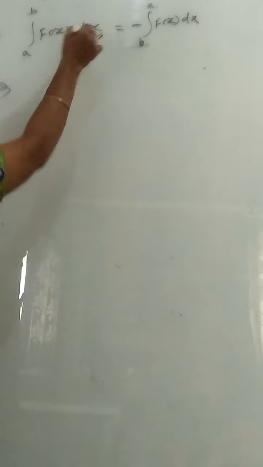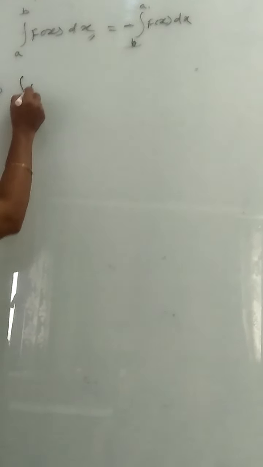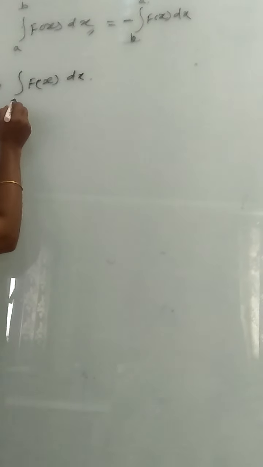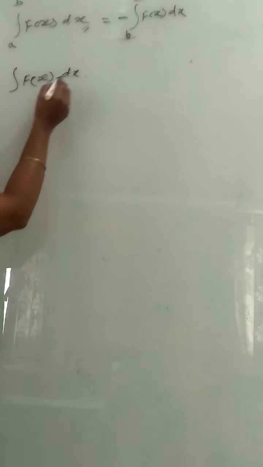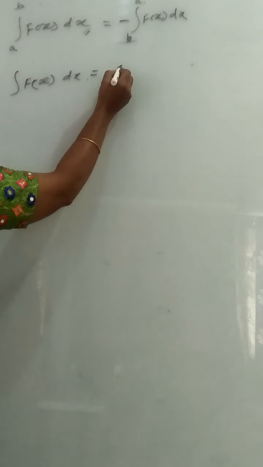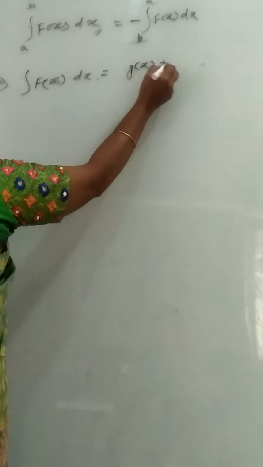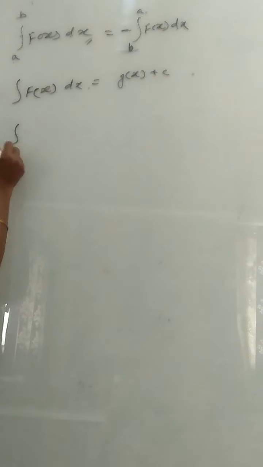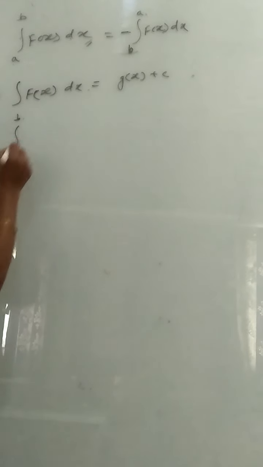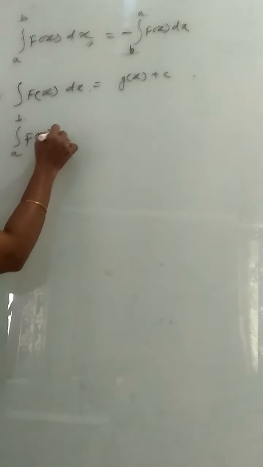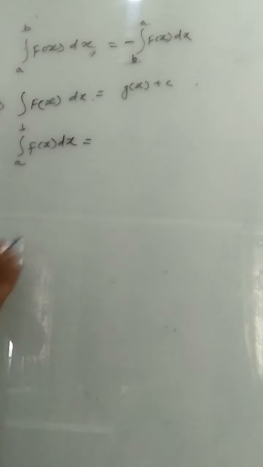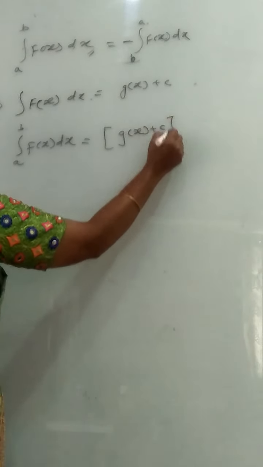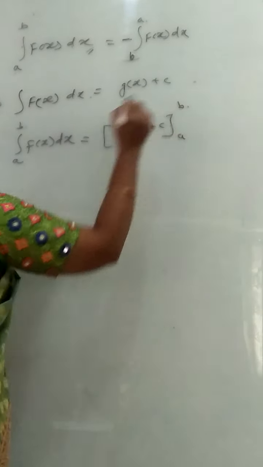Let the given function be f of x dx, and the integration of this function is g of x plus c. But our limit is a to b, then the function becomes integration of f of x dx, and that integration is g of x plus c and limit is a to b.